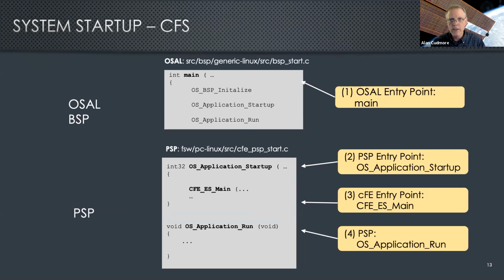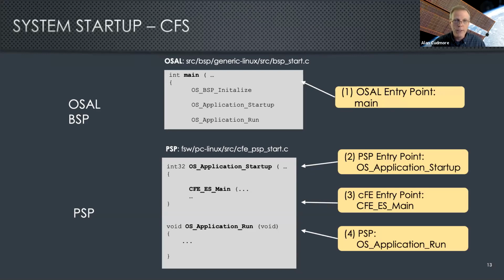We're calling into the CFS platform support package startup code, which contains a replacement for the OS application startup. In this example, the CFE ES main function ends up being called from OS application startup, among other things. There's a lot of other things that are going on here. But this is where the CFS creates all of its resources, starts all of its tasks and everything.